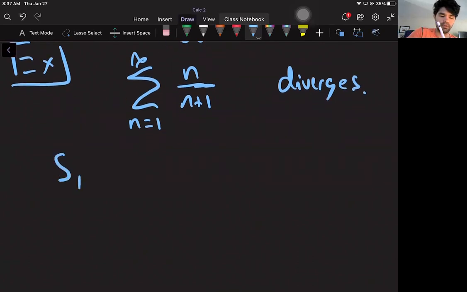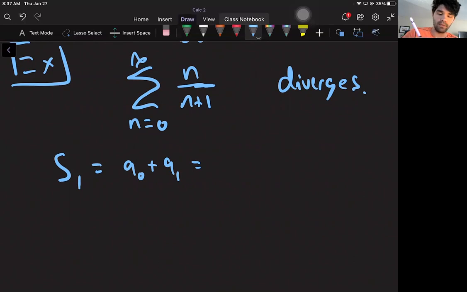Okay, so partial sums. You got to deal with the partial sums because we don't have any other techniques yet. So S_1 is going to be 1 over 2 because it's just the a_1 term. In fact, let me just for practice change this to a 0. So then S_1 means do a_0 plus a_1, which is what I should have said last time in the previous video, but I messed up. So I'm trying to fix it here.